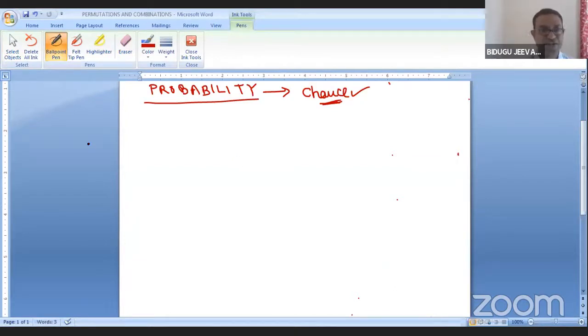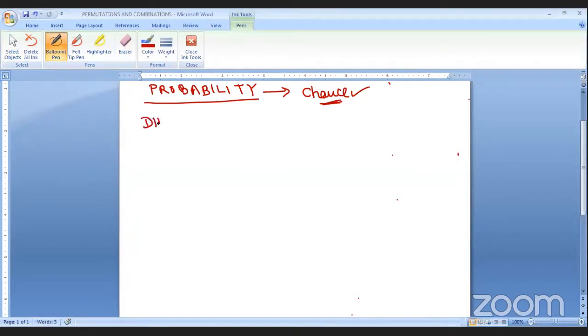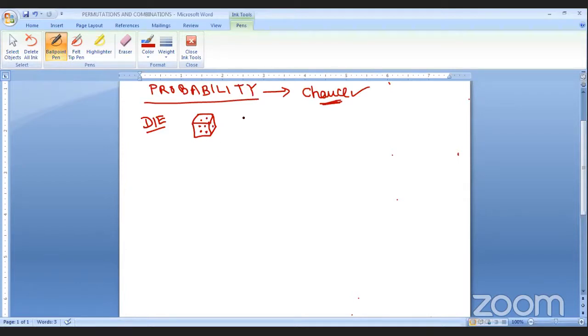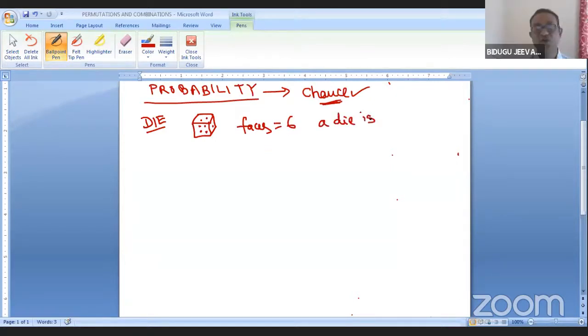Now let me talk about die. Die means, I think we'll find it like this. Following? How many faces are there in a die? 6. So when a die is rolled, this is our experiment.